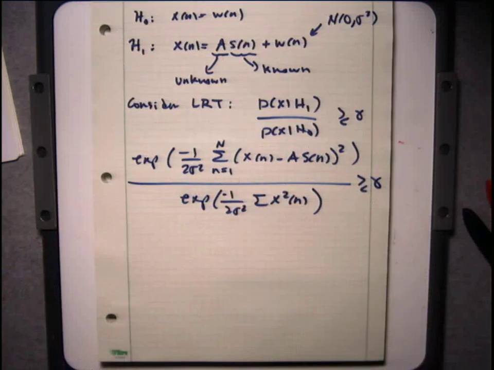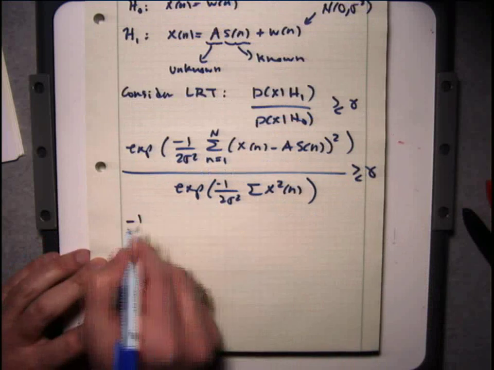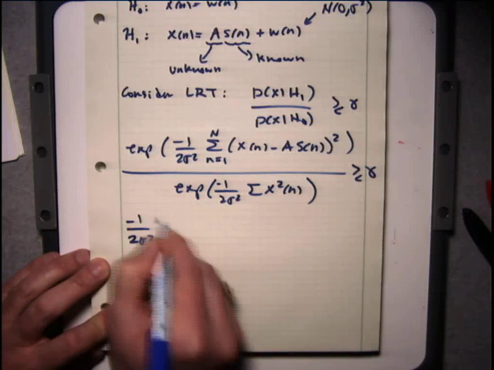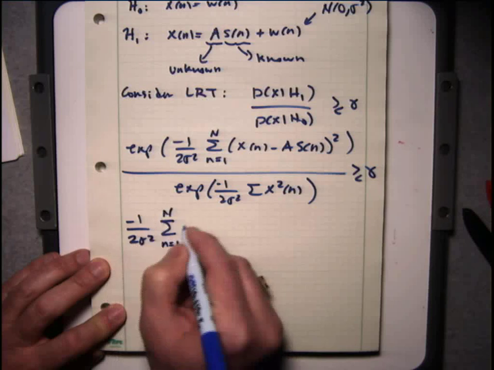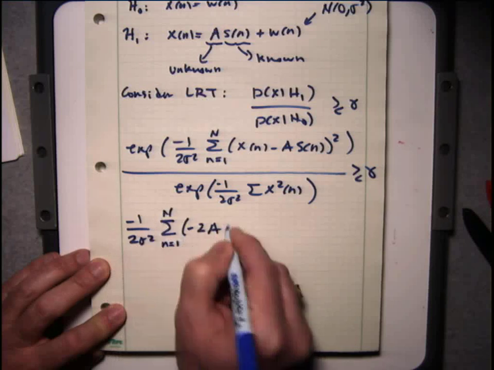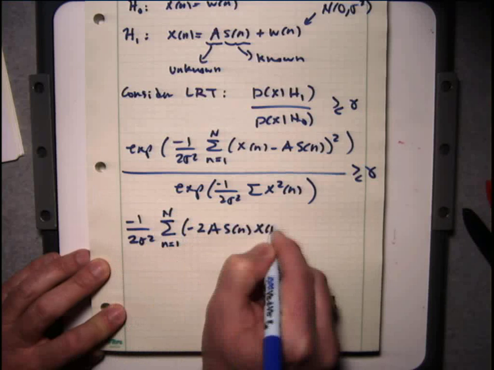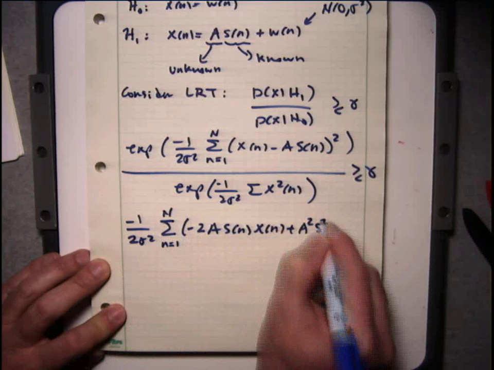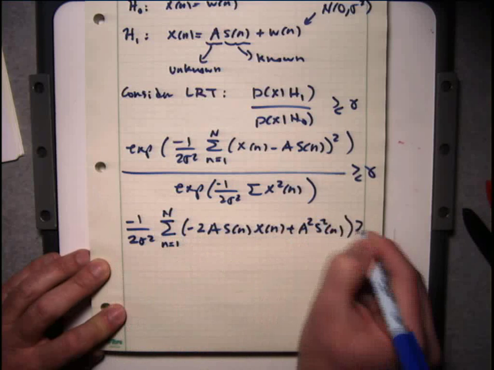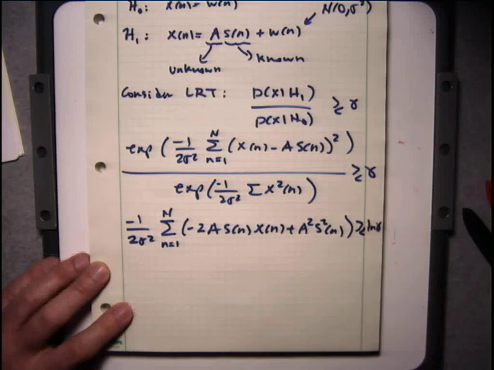I'm going to simplify this, and I get minus 1 over 2 sigma squared times the sum from 1 to N of minus 2A s of n x of n plus A squared s squared of n, compared to the log of gamma.